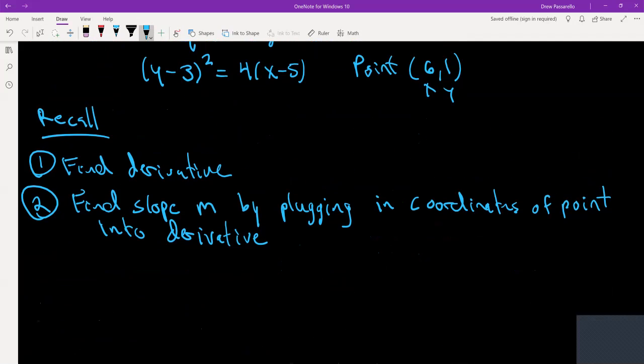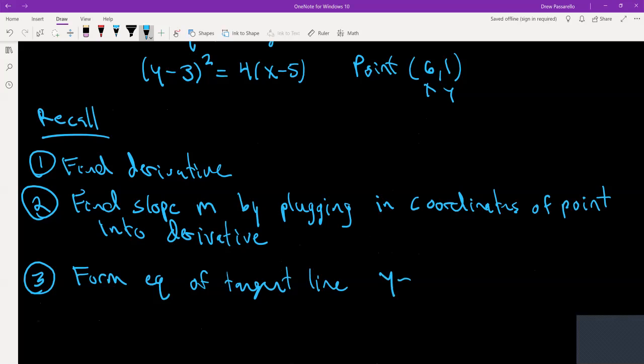All right, then after we find the slope, we just form the equation of the tangent line. And I use point slope form. And that's the process. Find the derivative, find the slope by plugging in the coordinates into the derivative, and then form the equation.